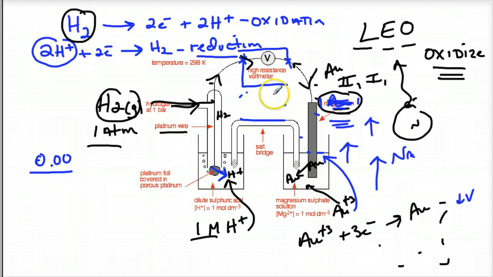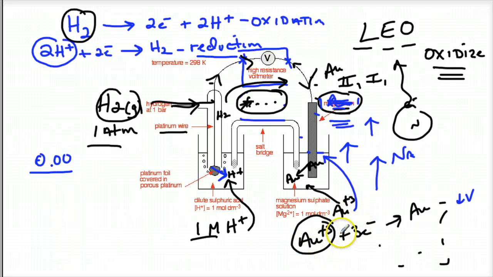And we get voltage flowing this way. It'd be a negative because we're going the opposite way it was, but it doesn't matter. We can measure that voltage. So Au+3 is a strong enough oxidizing agent to make the hydrogen oxidize, whereas the gold was too weak of a reducing agent to form the H+. So we can measure that.